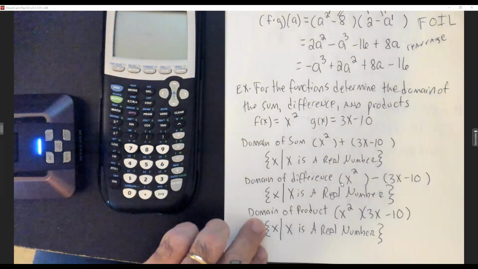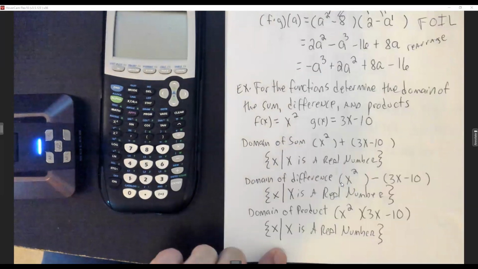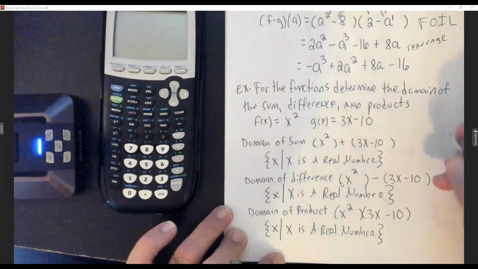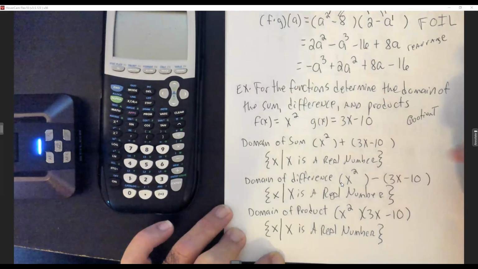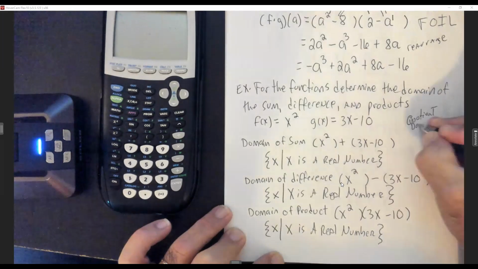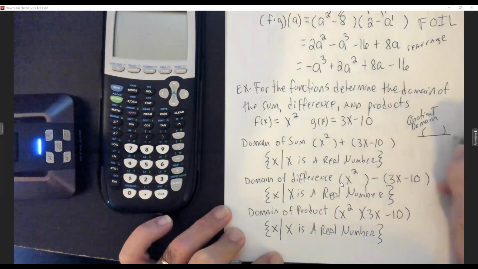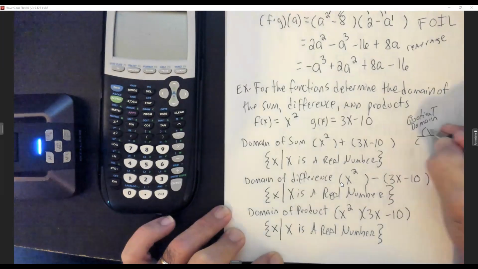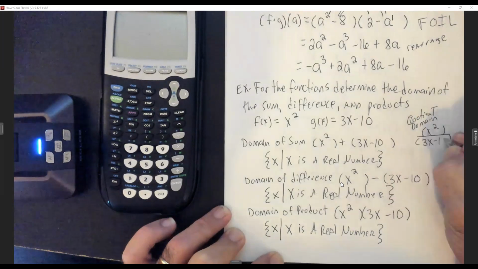Now, I'm going to show y'all something. Notice, this one did not ask for the domain of the quotient, but let me show you what would happen on that. If you had the quotient, the domain of the quotient would be f of x divided by g of x, which will be x squared over 3x minus 10.